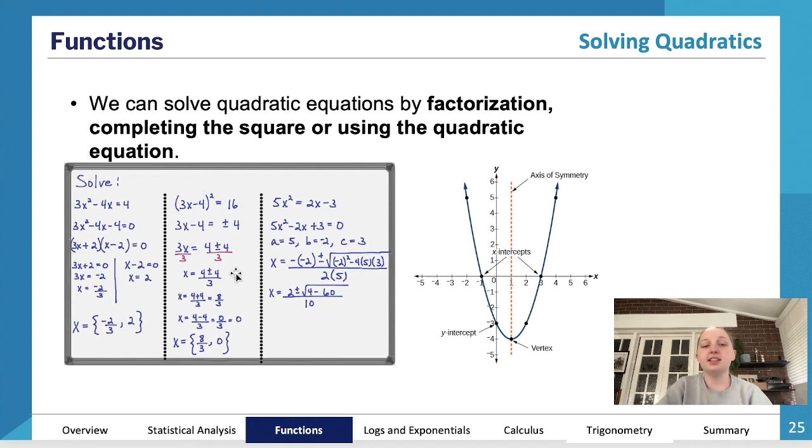I mean, it does get tricky with some questions, and things just get a little bit harder when you're doing this, but essentially it's just making both sides be able to get square rooted, and then you just solve from there.